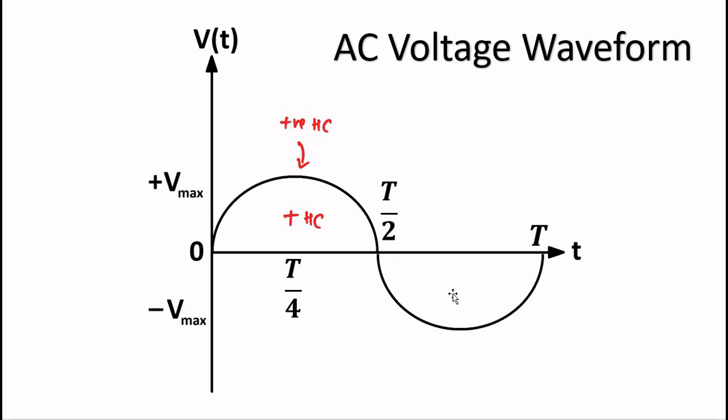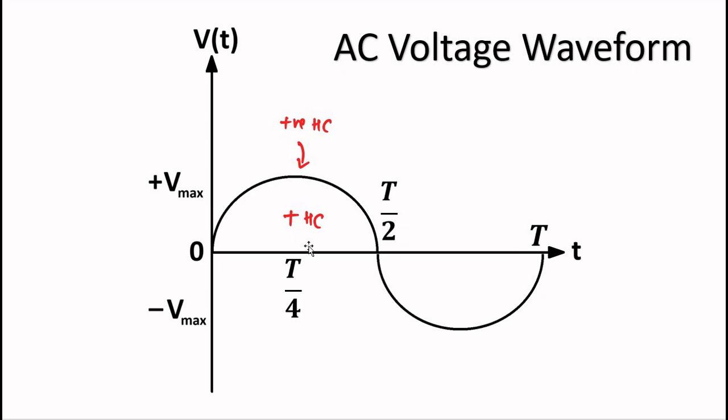We are not considering the negative half cycle, we are not considering the total cycle, because if we consider the total cycle, the average value will numerically turn out to be 0, because the positive and the negative areas will cancel out each other. So for that we consider only one of the half cycles, preferably the positive half cycle.